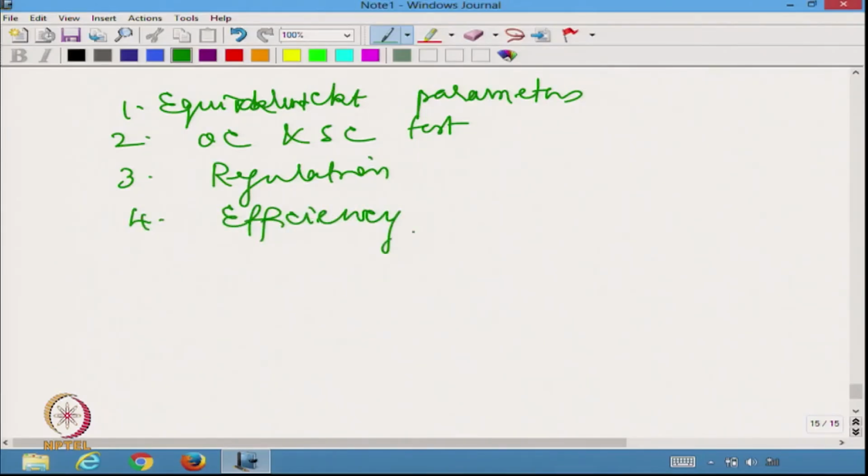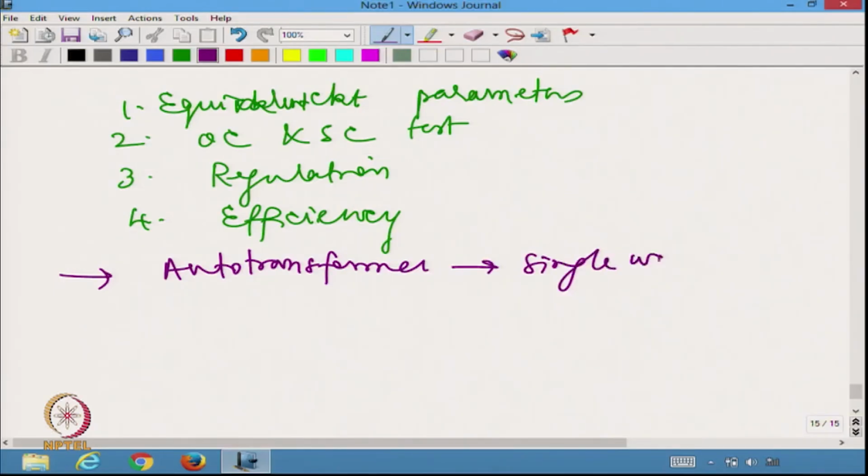Now, a few more topics that are pending are the auto transformer or a variac, and how we are going to connect it. This will be a single winding transformer.